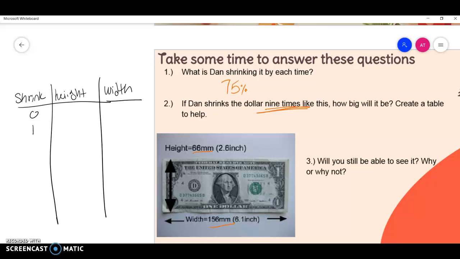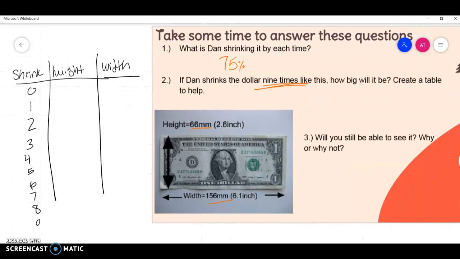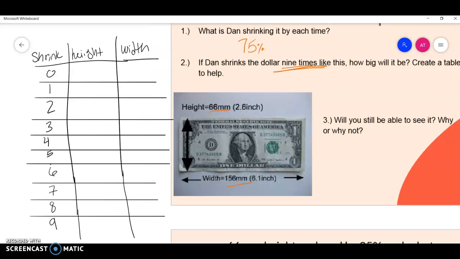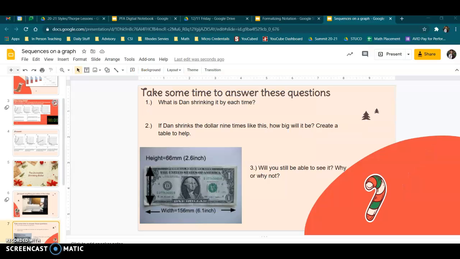So I'm shrinking it all the way to 9 times. My original height before I shrank it was 66 millimeters, and the width is 156.